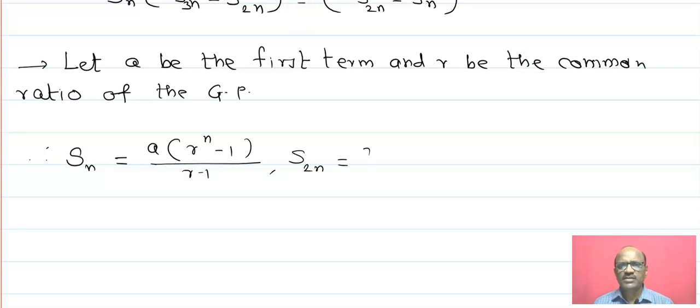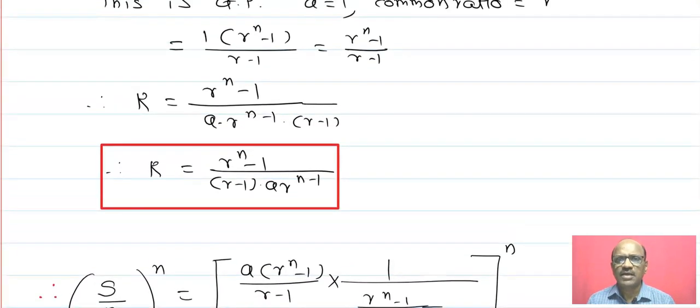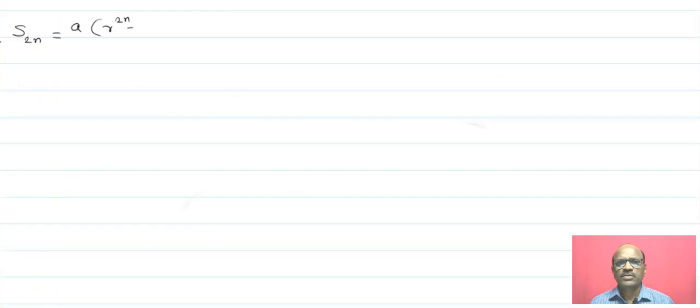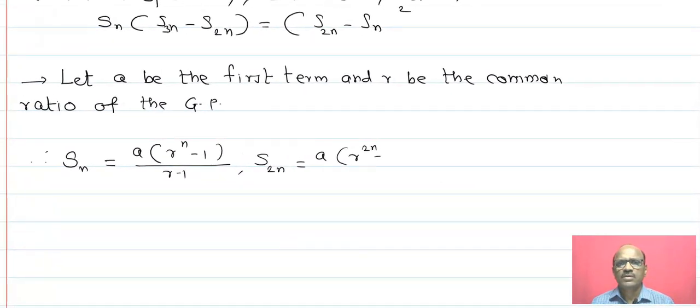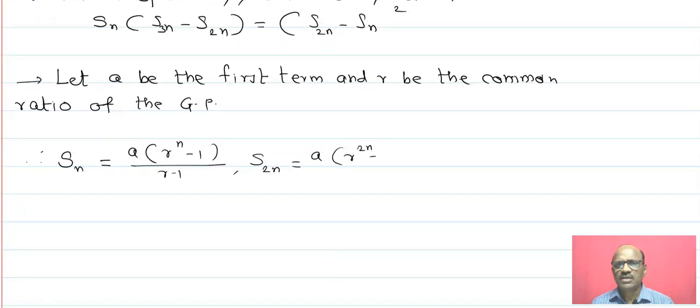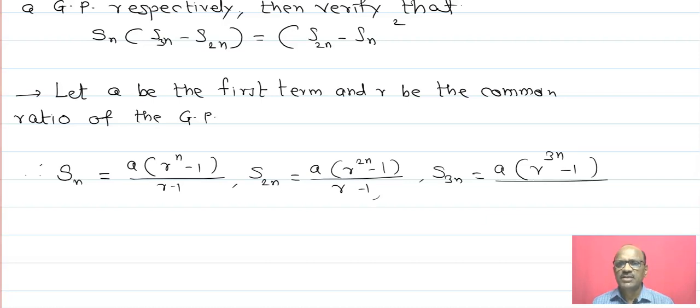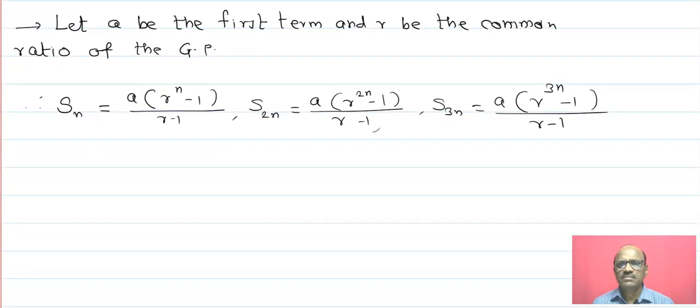Now next is S2n is equal to A into r raised to 2n minus 1 upon r minus 1, and S3n is equal to A into r raised to 3n minus 1 upon r minus 1. Now see this.